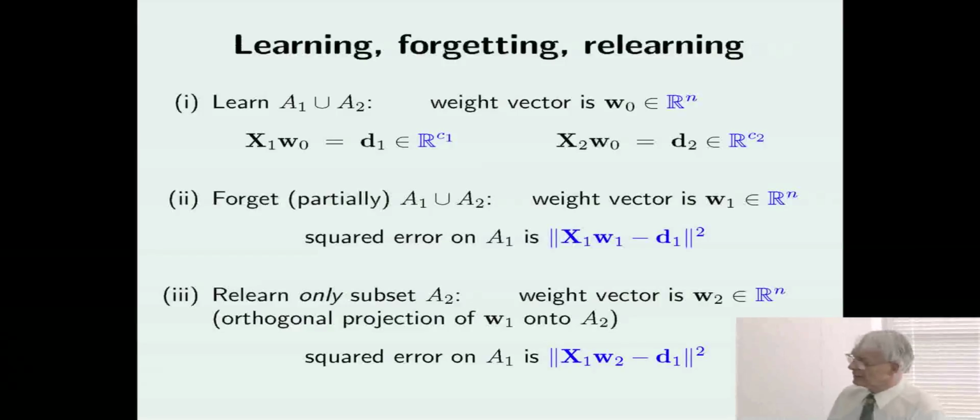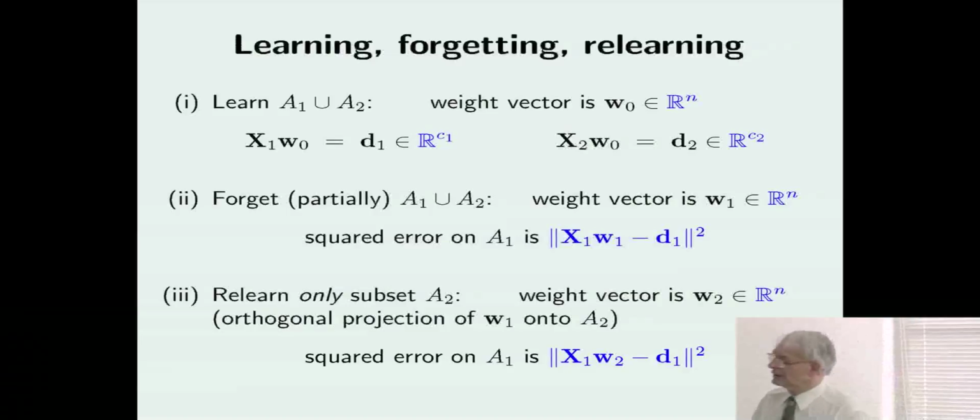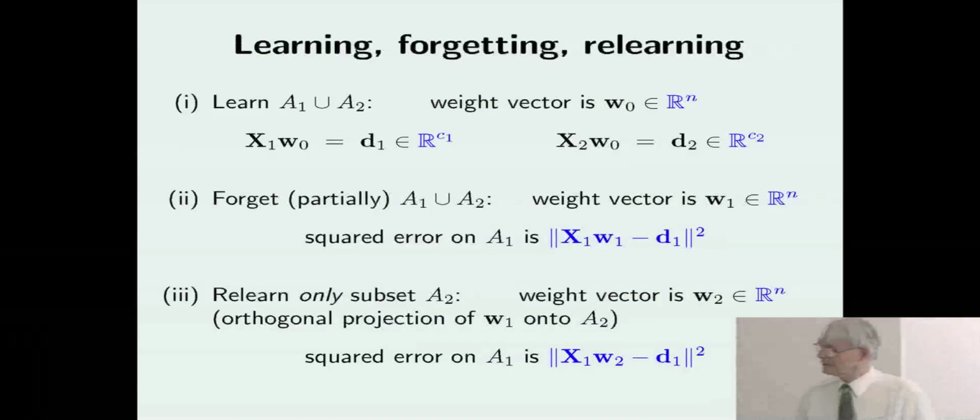And so now the squared error after partial relearning is x1 w2 minus d1 length squared. So we're going to compare these two squared lengths. And we're going to hope that after relearning we are closer to knowing everything on A1. We're hoping that this one at the bottom is less than that one there in the middle.